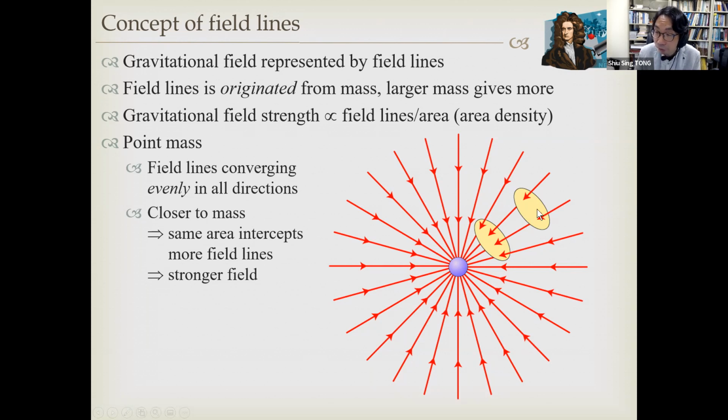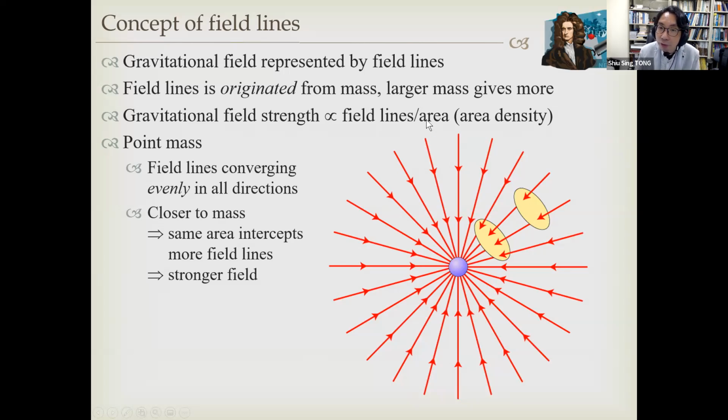The other area is farther away from the point mass, and it is very evident that the area closer to the point mass intercepts more field lines. For example, I could say this area intercepts 4 field lines, and the farther area only intercepts 2 field lines.